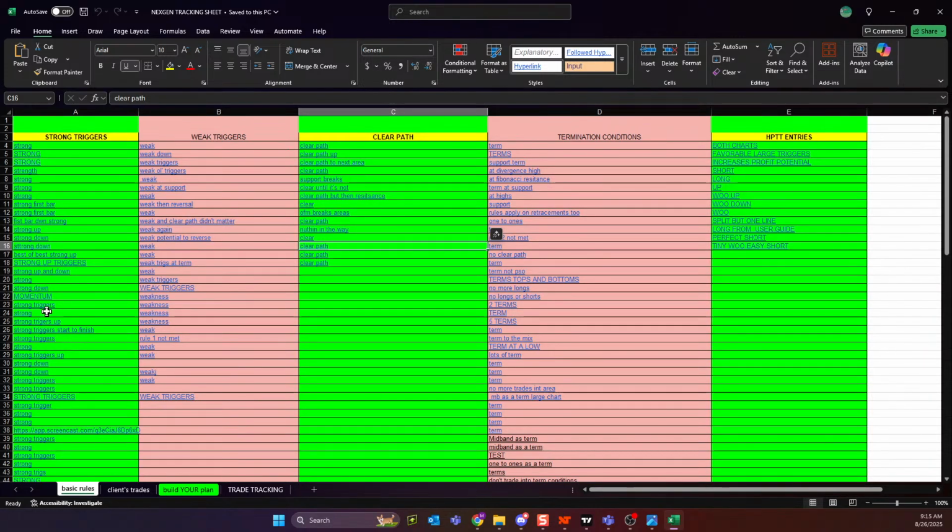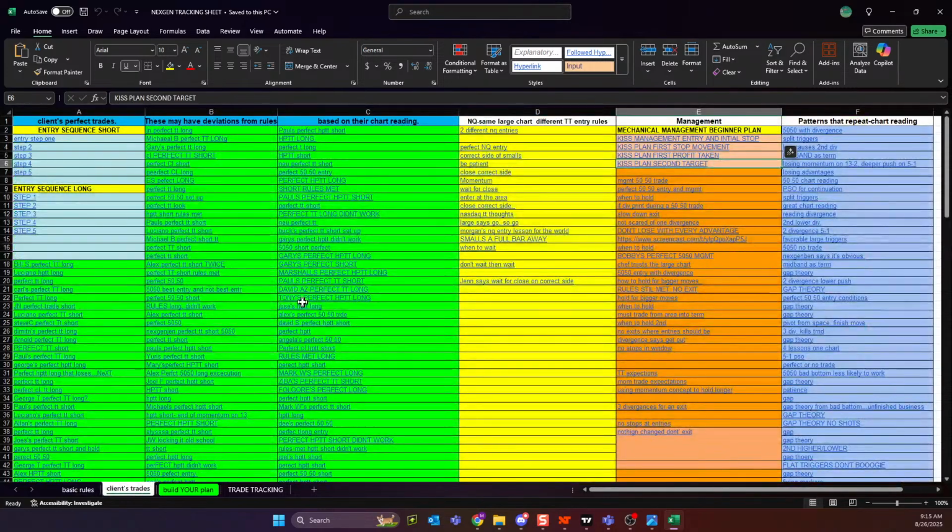So learn to recognize strong triggers first, guys, and once you can recognize strong triggers, compound it with the ability to recognize a clear path, and then finally an entry, but learn them individually and piece them together to find success. There are over 500 pictures of Nexgen users doing just that, using momentum, using a clear path, defining an entry, and finding success.